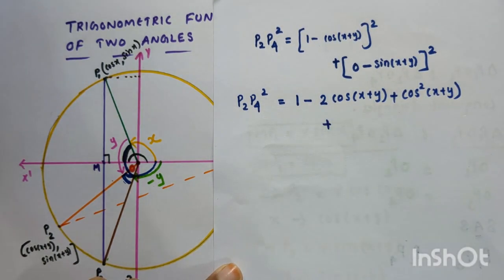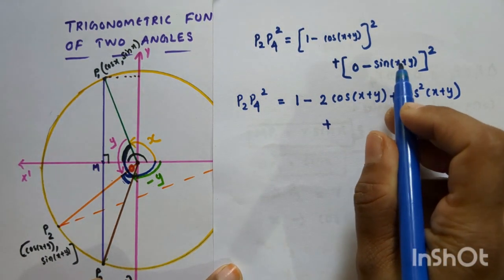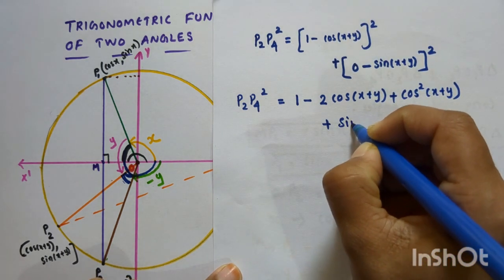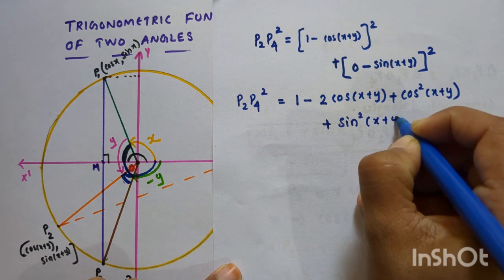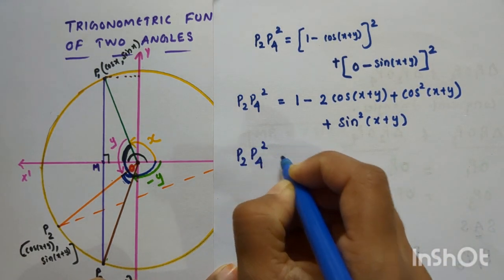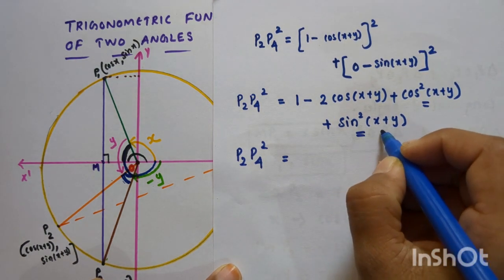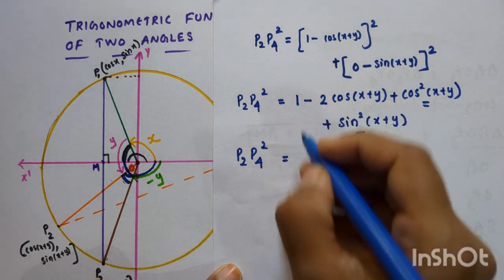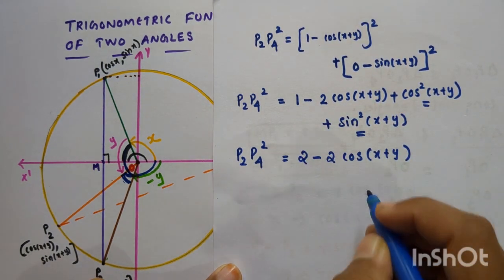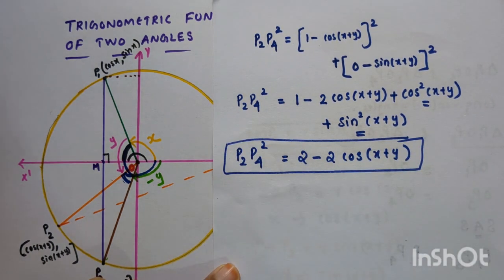Plus 0 minus sin of x plus y all square, so minus square plus sin square of x plus y. So we can write P2P4 square is equal to cos square of x plus y plus sin square of x plus y, which is 1. 1 plus 1 is 2, so 2 minus 2 cos of x plus y. I'm going to consider this equation as well.